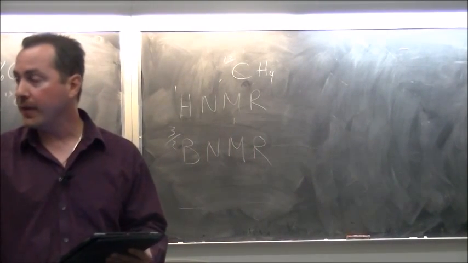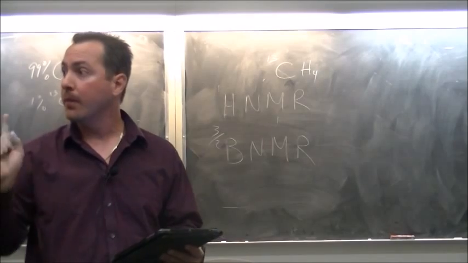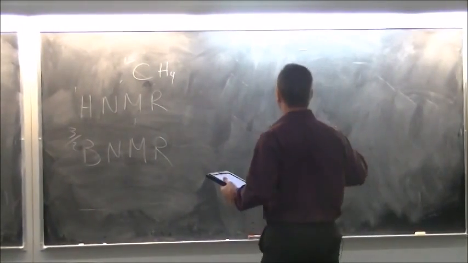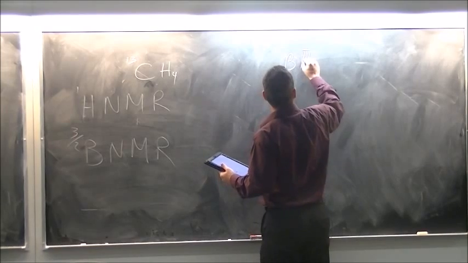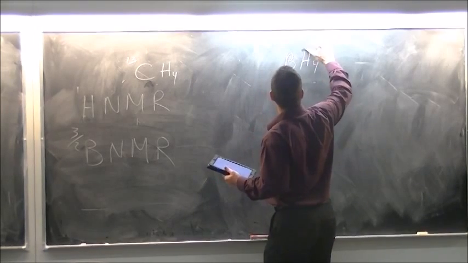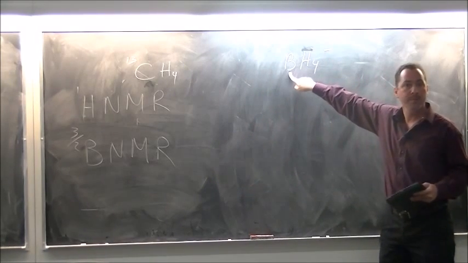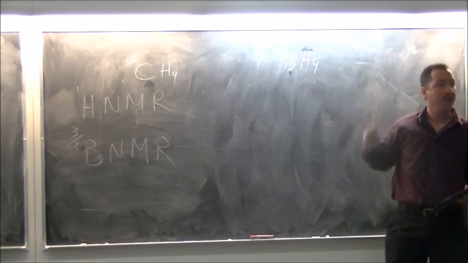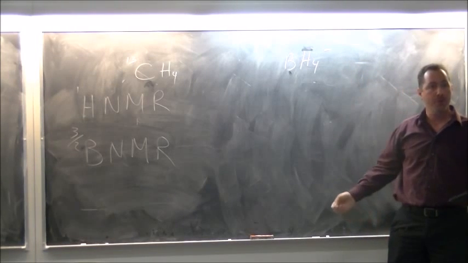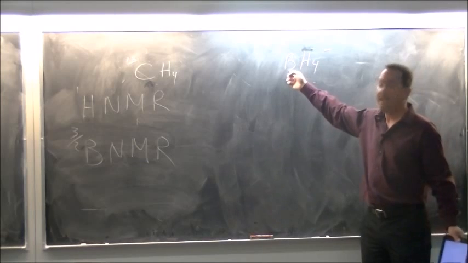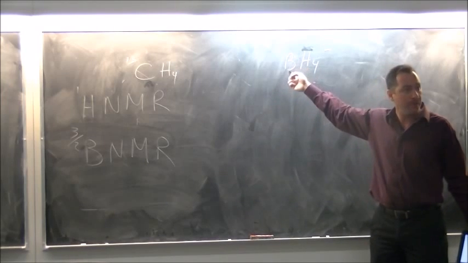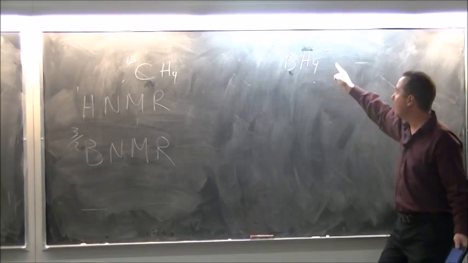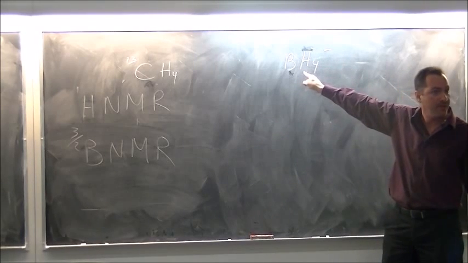There's a magnetic field from the NMR detector, but then the hydrogens around this boron are coupling parallel or anti-parallel to that magnetic field. So that's going to change the energy of the transition of boron, depending on the orientation of those hydrogens.